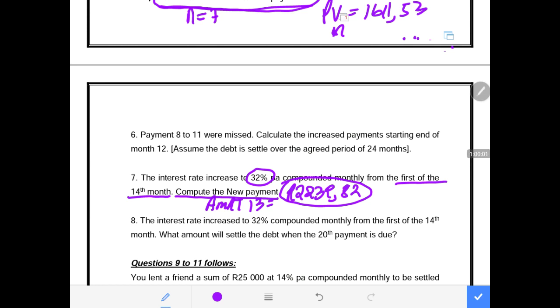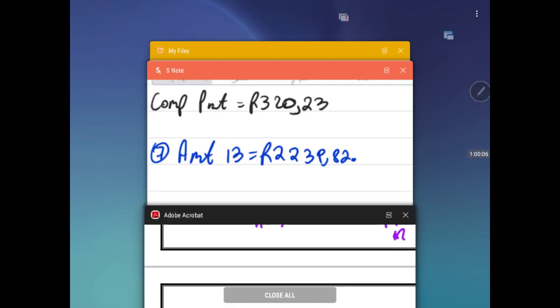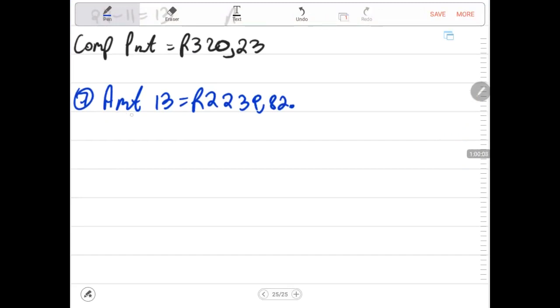So now because the interest rate has changed, the payments have to change based on the instruction. Then what are we calculating? The new payments. We have plus minus balance of 2,239 Rand 82 cents. This is what we presently owe.